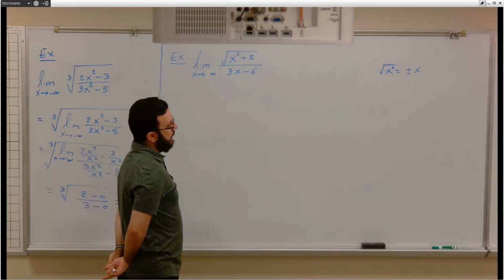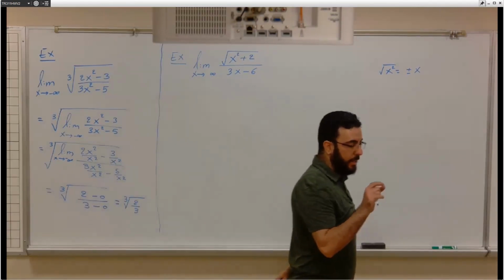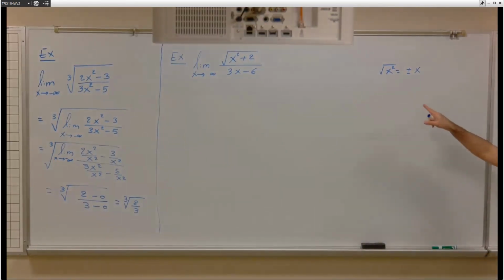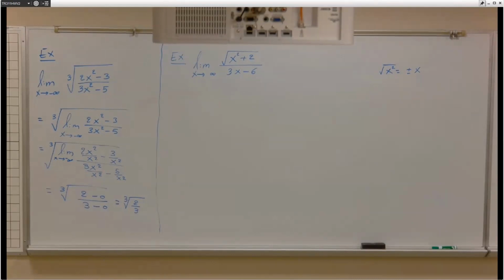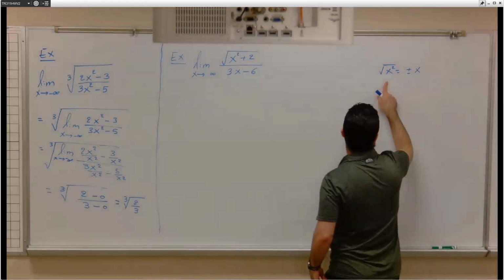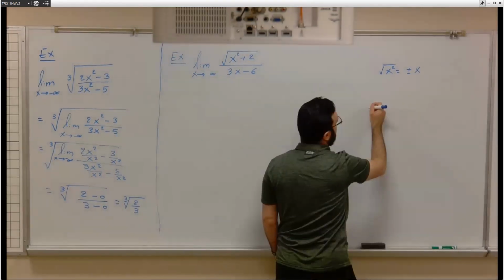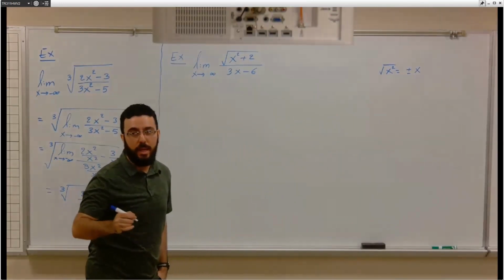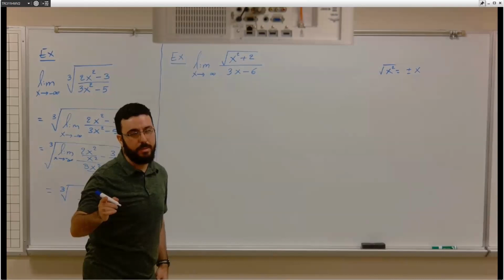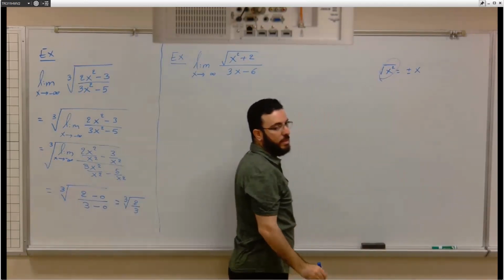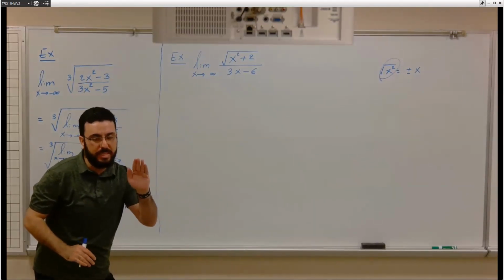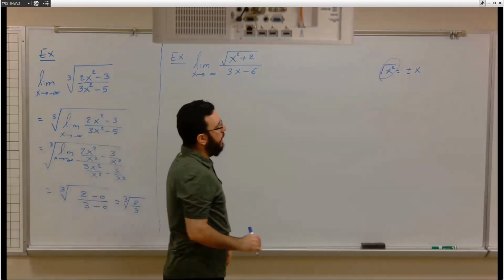So I need a different form for the square root of x squared, similar to this one, where the result is positive or negative depending on the input.